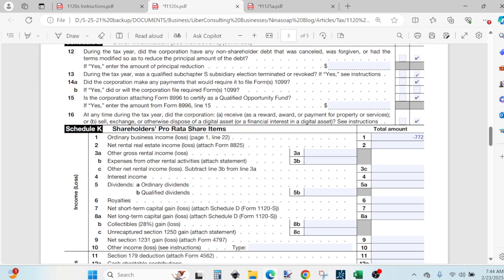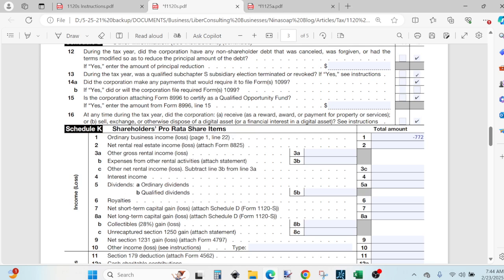And then you have line 3. Other gross rental income will go there, and expenses from rental activities, other rental activities, will go there as well. So pretty much this is more rental income that is not real estate.